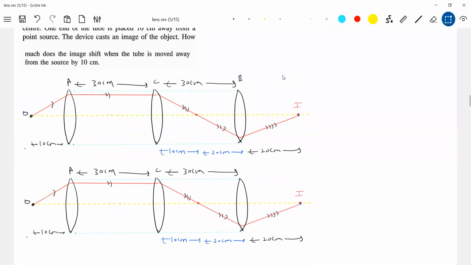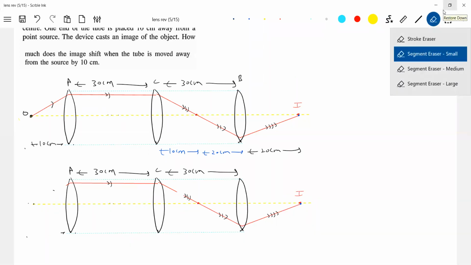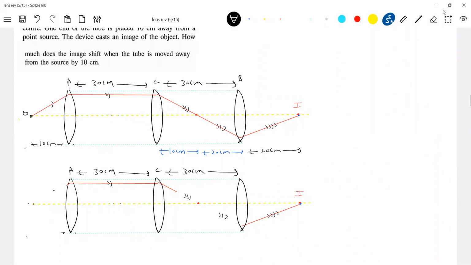Okay, to understand this, I'll make this 20 centimeter. Let's see how the ray diagram will come.